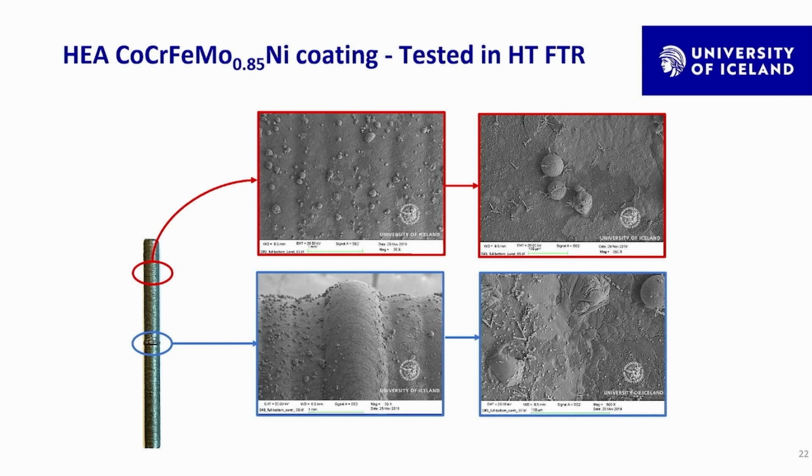These are the samples that were fabricated, having a circular round shape for fitting into the reactor, as well as having a smooth continuous layer. And we are seeing here this high entropy alloy, cobalt, chromium, nickel, iron, molybdenum coating that has been deposited by laser melting deposition and tested in the flow-through reactor for 7 days. If we look at the surface, we can see these globules, which are very molybdenum rich.